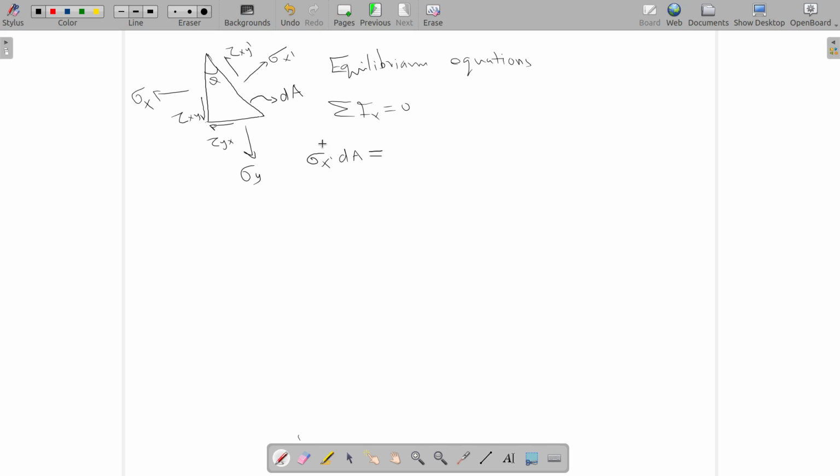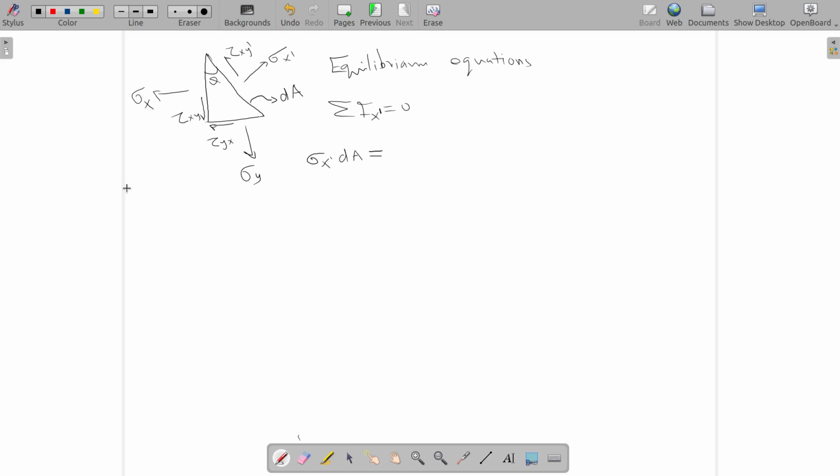Okay, that's actually a problem, because when we do that, we'll get sigma x dash and tau xy dash in the same equation, which will be a trouble. We don't want that. So we'll actually take equilibrium equations in x dash direction.